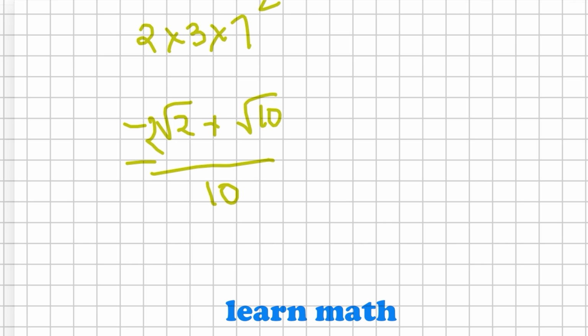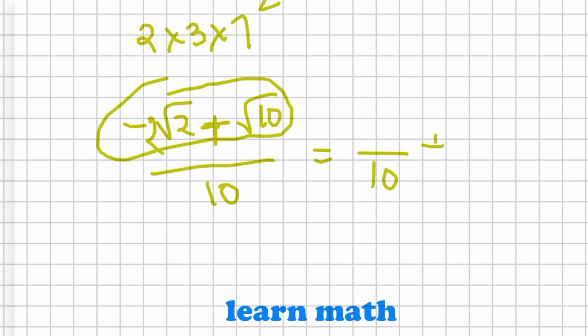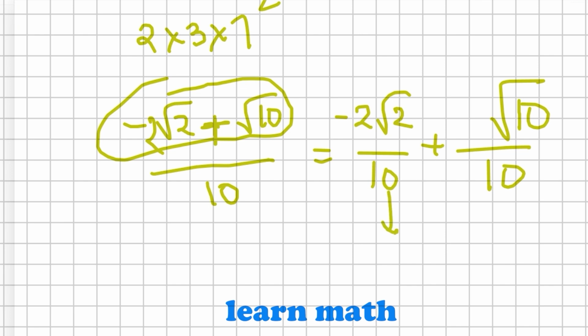For that, you see the numerator, there are two terms. If you want to separate the denominator, you have to split them like this, individually. So this will be like this, and the other one was root 10. Now this one you can simplify. This is as it is.